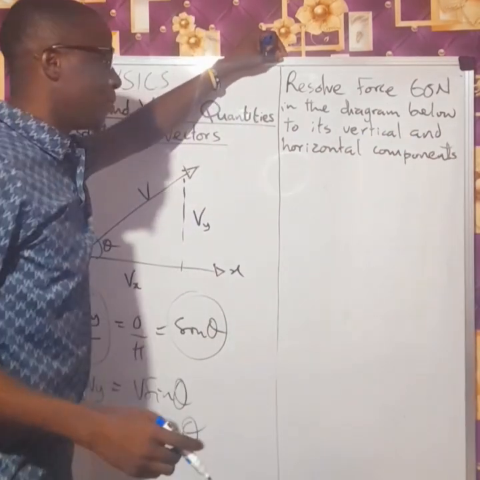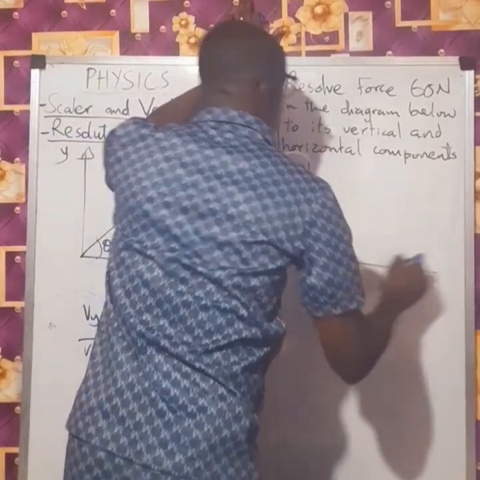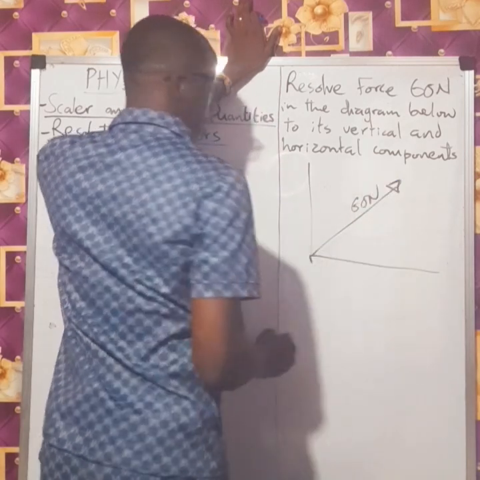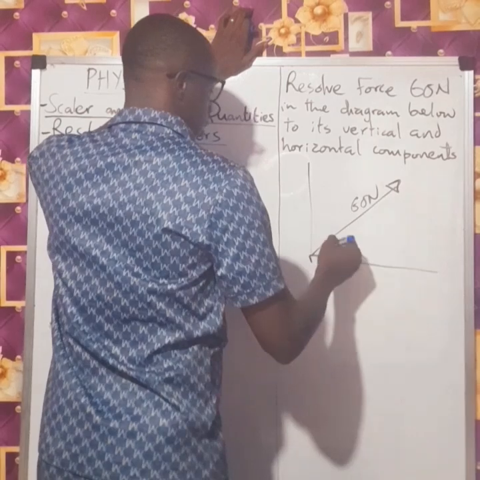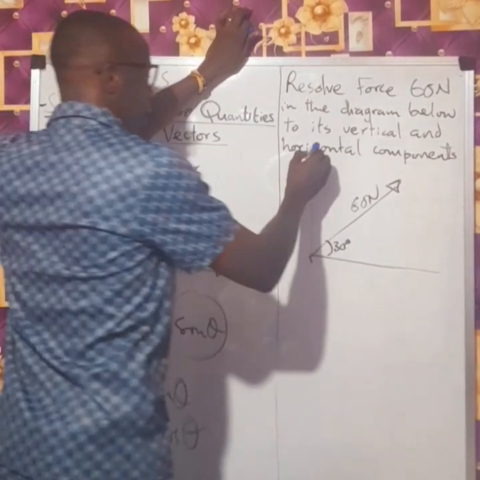This is a question we're going to solve. Let us look at the 60 newtons here, and let's say we have the angle to be 30 degrees. So we should resolve it into the horizontal and vertical components.